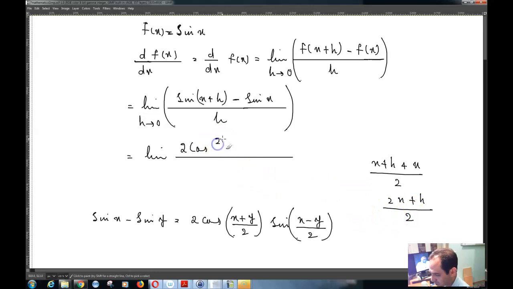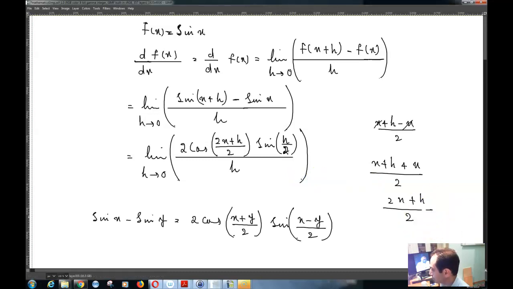So I write 2x plus h divided by 2, and over here I have to write sine of x minus y divided by 2, which is x plus h minus x divided by 2, which is h divided by 2, divided by h, as h tends to 0.